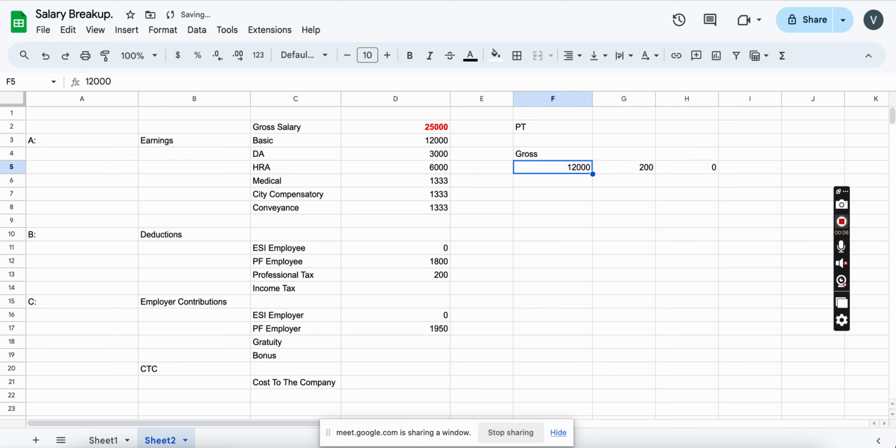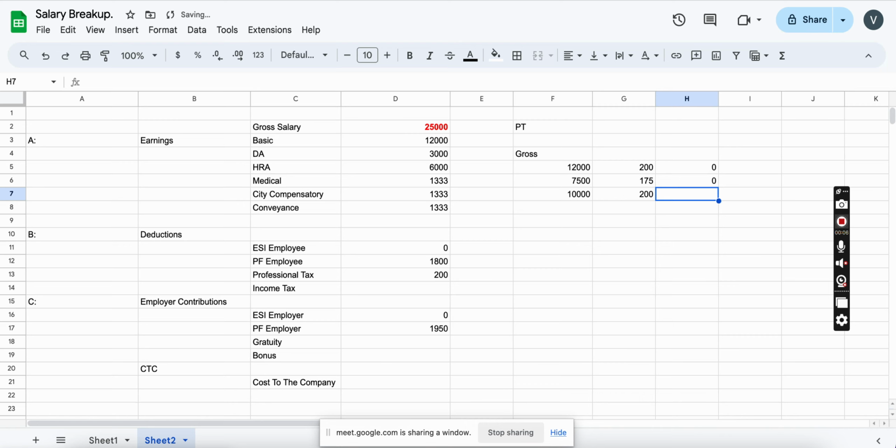If it is less than 12,000, then it is 0. Same goes in Maharashtra. In Maharashtra, they say if it is 7,500, then 175 rupees. If it is 10,000, then 200, or anything more than 10,000, 200. Anything less than 7,500, 0.